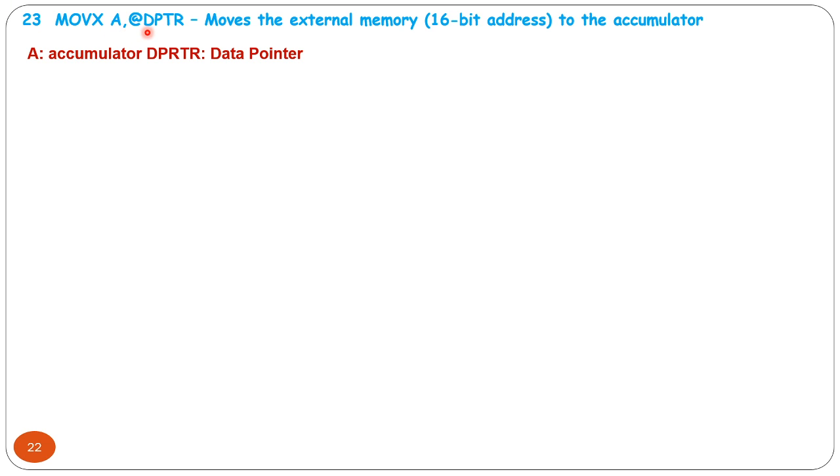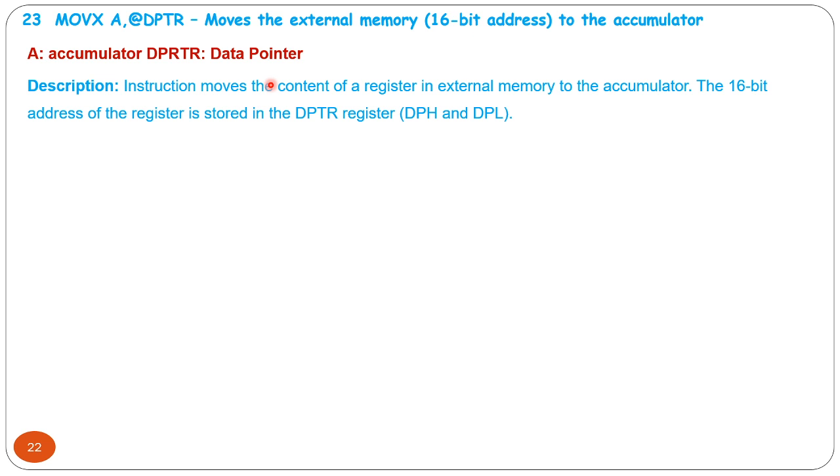MOVX A, @DPTR. Move the external memory 16-bit address content to the accumulator. DPTR is a data pointer register, and the description of this instruction is like this. The instruction moves the content of the register in external memory to the accumulator. The 16-bit address of the register is stored in the DPTR register.